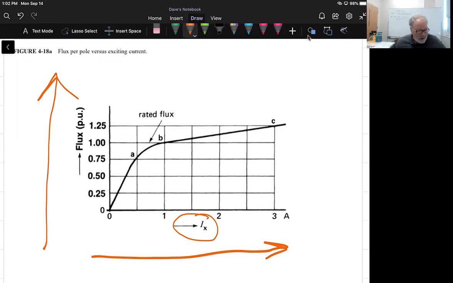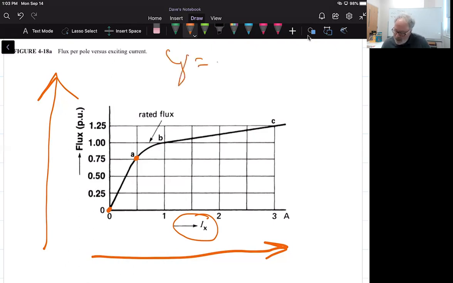And what we notice as we go through this is, if we plot this flux on the curve, from, say, point 0 to approximately point A, that output flux is almost a linear response to the excitation current.